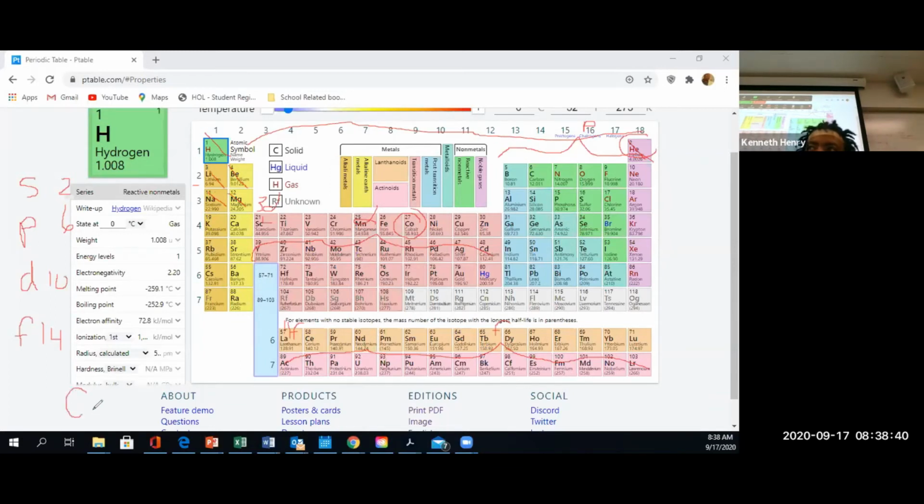We write the element, put a colon, and then go through the same process that we start out with. Start at the top. Very first one is what?